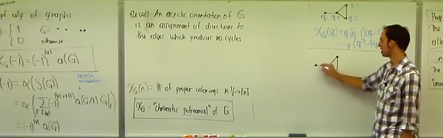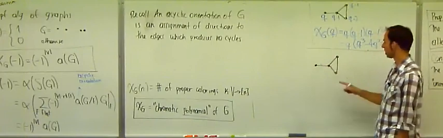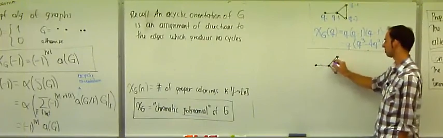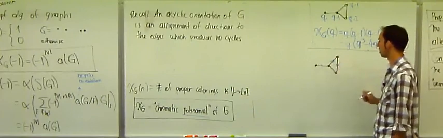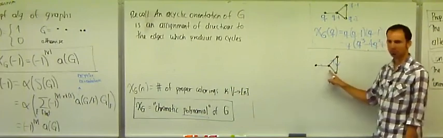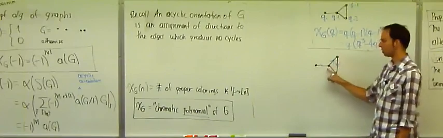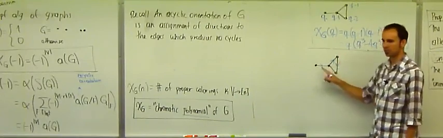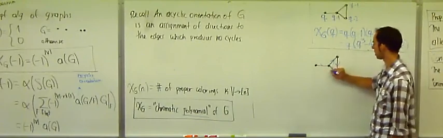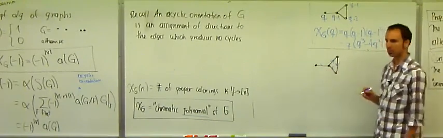So either I orient it like this or the other way, it doesn't matter. Which way should I orient this one? Well, I don't know. So far, it doesn't matter. Maybe I'll orient this one this way. Now here I have to be smart because I can't close this cycle. So if I orient this guy this way, I can't orient this guy this way. I have to orient it this way. So this is an example of an acyclic orientation.